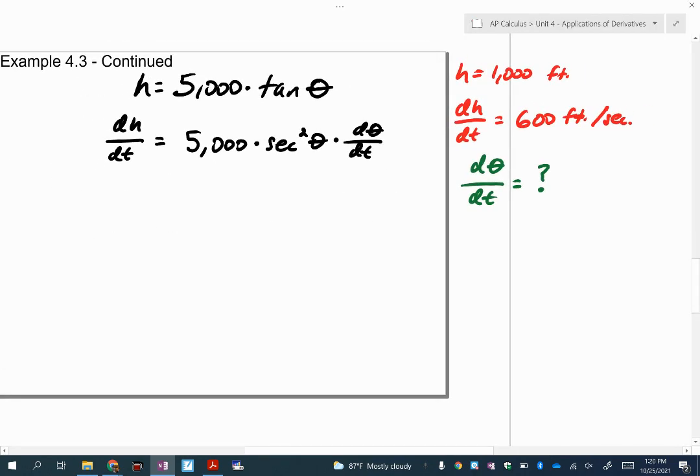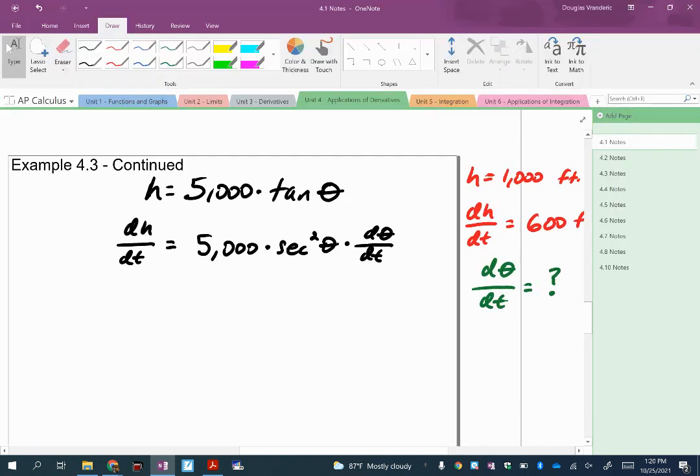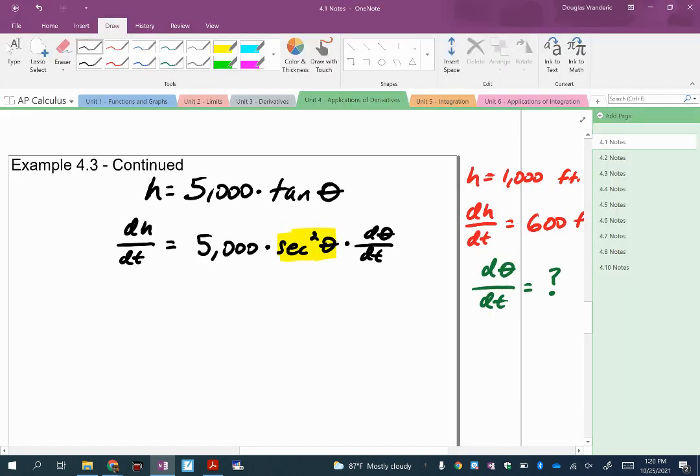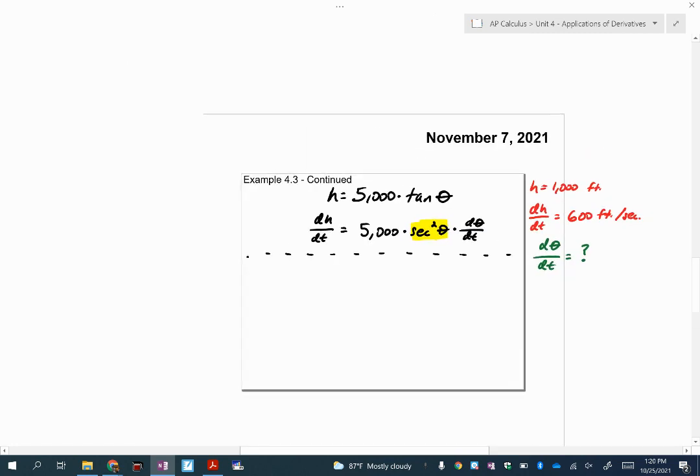You'll notice that I know what dh over dt is, and I'm solving for the derivative of our angle, d theta over dt. The thing that I need to figure out with some trig is this secant squared theta. If I can sort that out, then I can plug in everything and solve for the unknown. So what I want to do is go back to that original triangle.